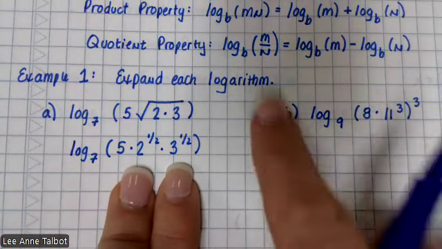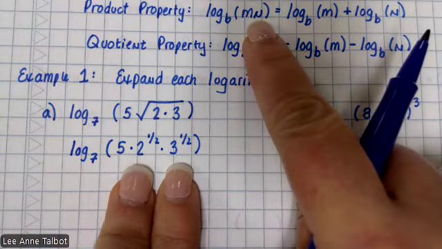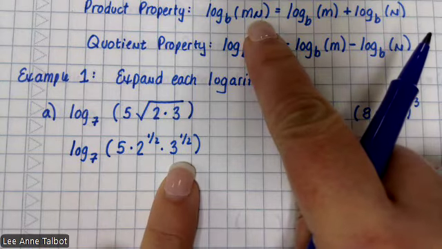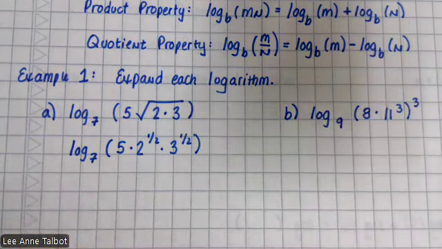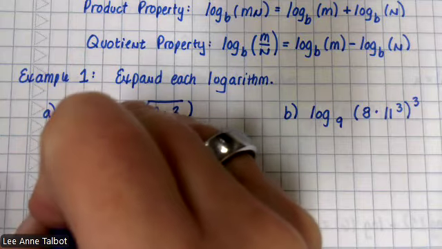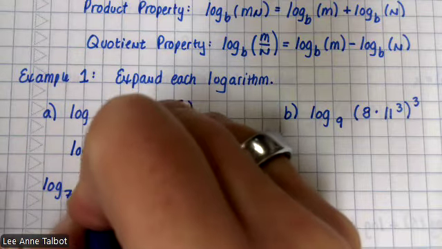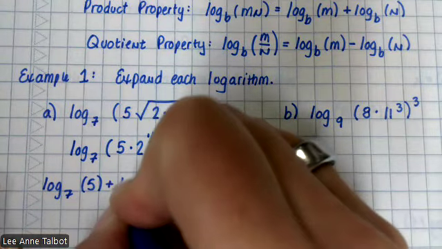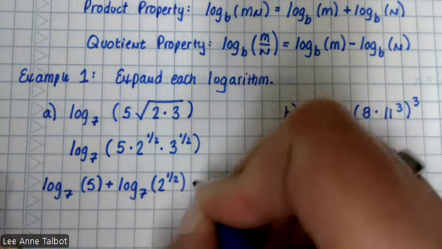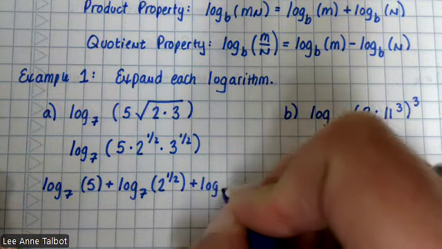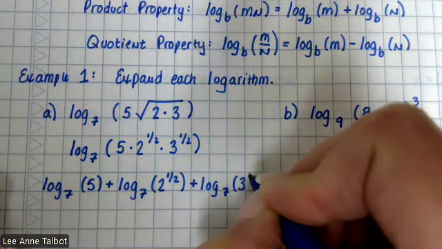Okay, now I want to draw your eye right here. These three things are all being multiplied, correct? Which means I'm going to expand them out with addition. So log base 7 of 5 plus log base 7 of 2 to the 1/2 plus log base 7 of 3 to the 1/2.